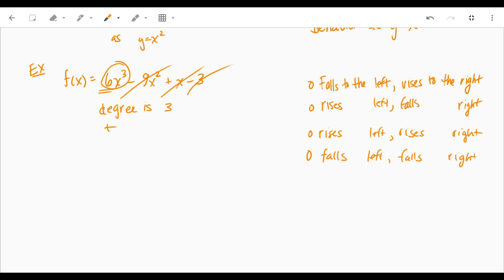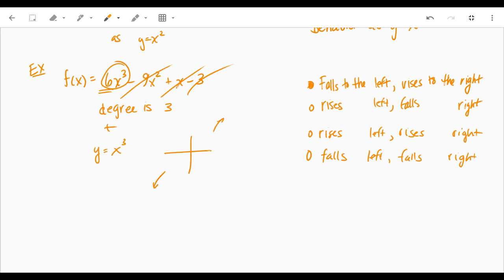So it's going to end exactly like your function y equals x cubed. That's all we know, that to the left it's down, to the right it's up. All kinds of things could be happening in the middle, but all we care about is the end behavior. So for this particular one, it falls to the left and rises to the right. So we'd bubble that in.